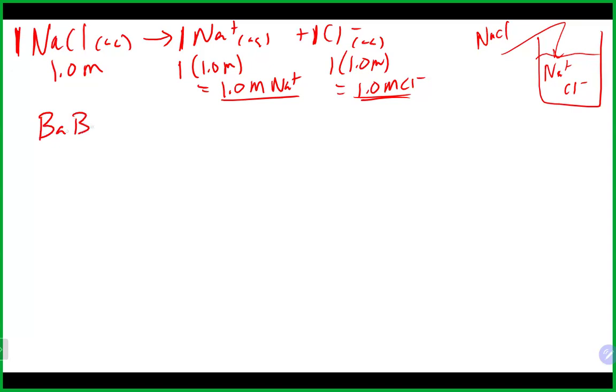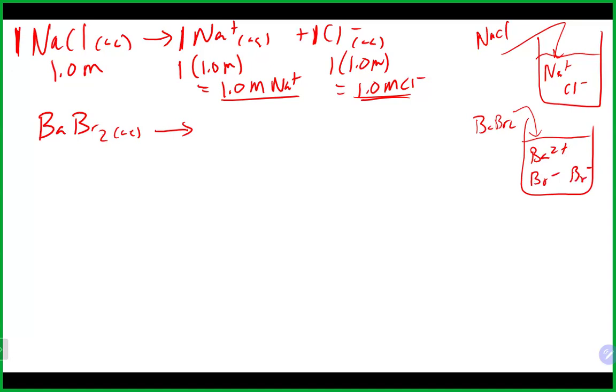barium bromide in this case. So if we were to take our same solution here and dump some barium bromide in there, we would get a barium ion, and we would get a couple of bromide ions floating around in this case.